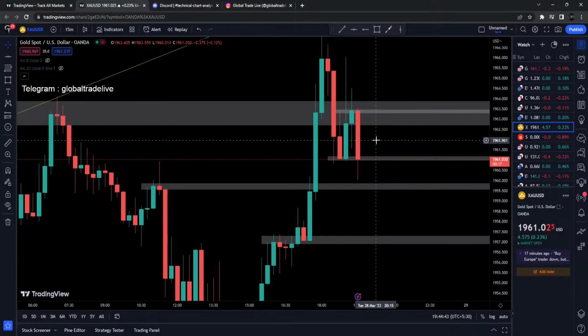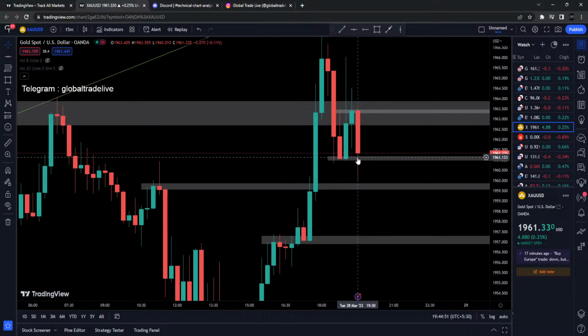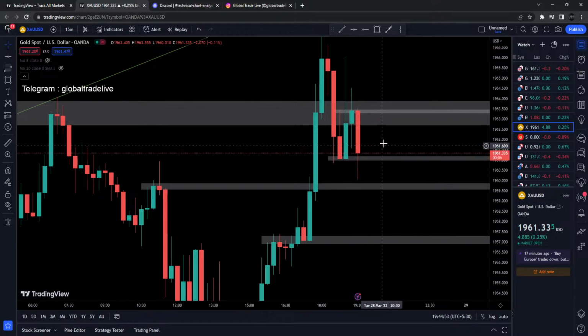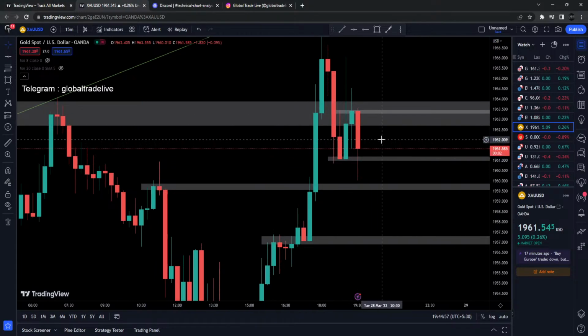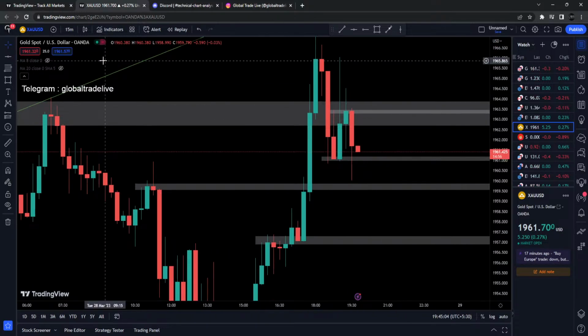So 18 seconds remaining. Let's see how this candle will be closing. It's rejecting the lower area. So the candle has closed like this.